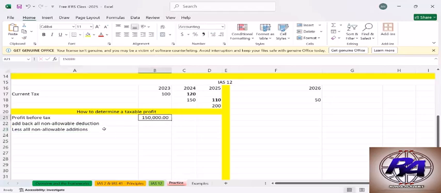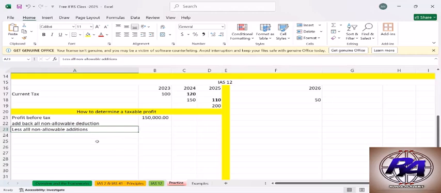We deduct because it's not supposed to be part of our taxable profit. Then depreciation. Depreciation is also an amount that is not supposed to be deducted before we get this figure. So that one too is what is added back. So anything that is not allowed by the tax authority, they will give it to you in the question. Then anything that is also added and is not supposed to be added, we also deduct those ones.